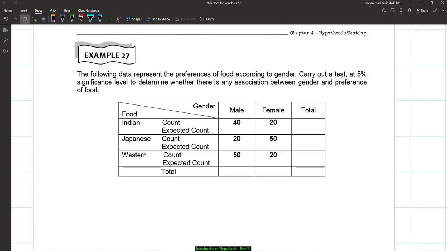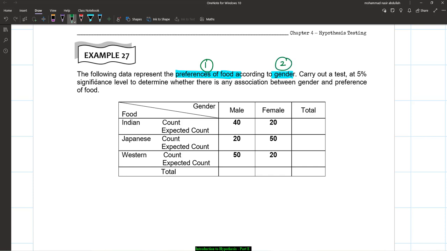I'm going to show you step by step how to construct a hypothesis test for chi-squared analysis of independence. So now look at example number 27. The following data represent the preference of food according to gender. We have two variables here: variable number 1, preference of food, and variable number 2, gender.